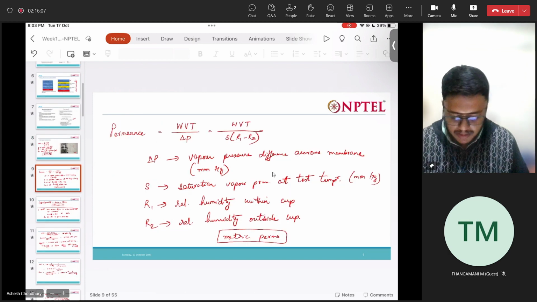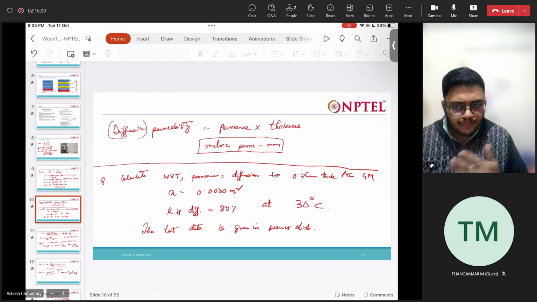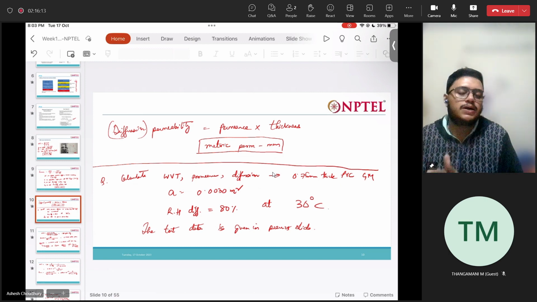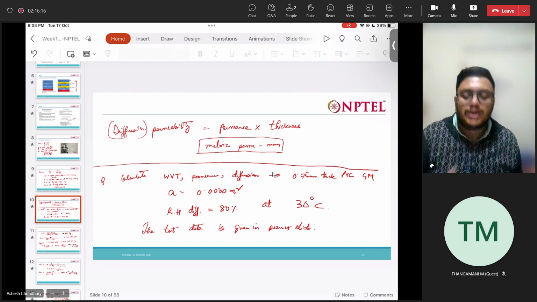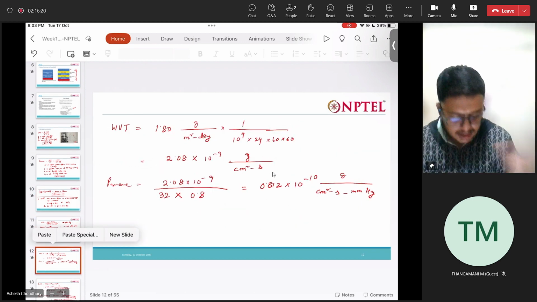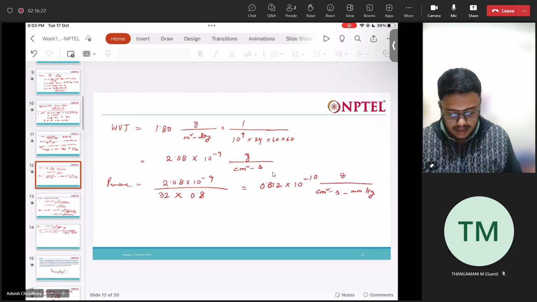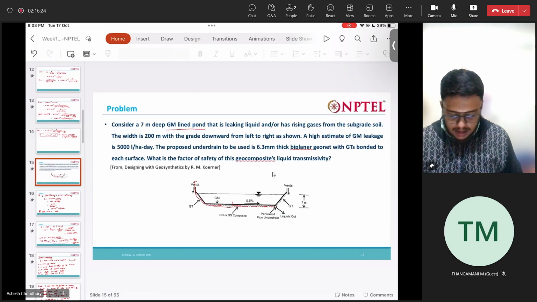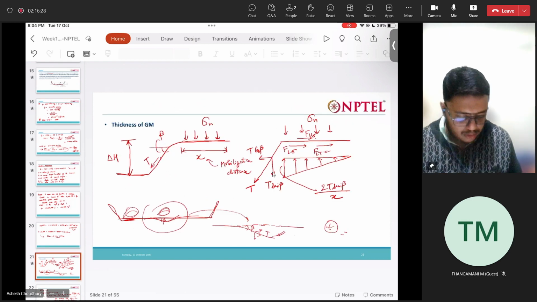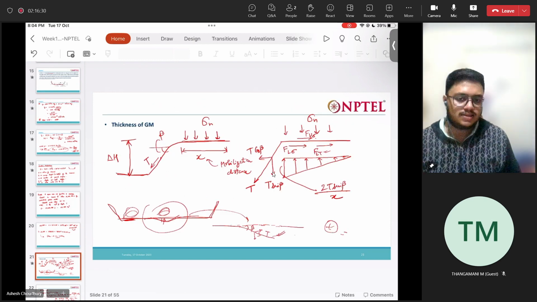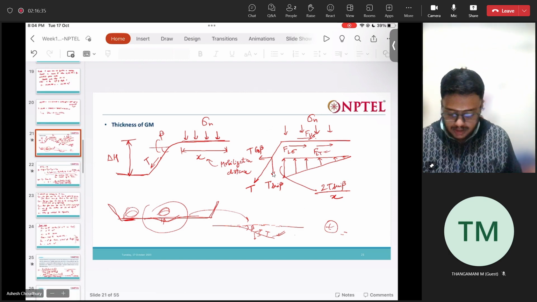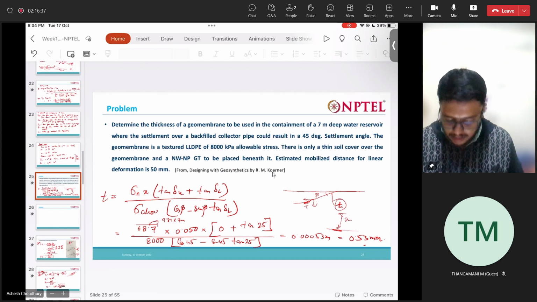Then we saw what permeance is, and how we can transfer the Fickian diffusion permeability to our normal Darcian permeability just by changing the units. Then we solved some problems regarding that. Then we saw how to decide the thickness of the geomembrane, and solved one problem regarding that.